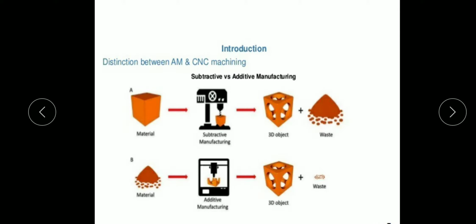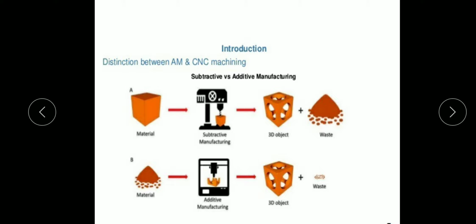Next, move on to the next slide. As you see in the figure, this is the difference between the additive manufacturing process and CNC machining. Figure A indicates CNC part processing, whereas B indicates the additive manufacturing process.